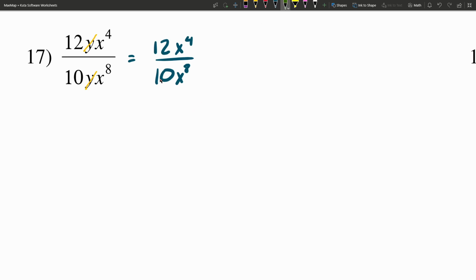Now my 12 and my 10 are both divisible by 2. So 12 divided by 2 is 6, and 10 divided by 2 is 5. So I have 6 times x to the 4th over 5 times x to the 8th. Now that I've simplified down my coefficients, I can remember to combine those terms with similar bases by subtracting the exponents since this is division.